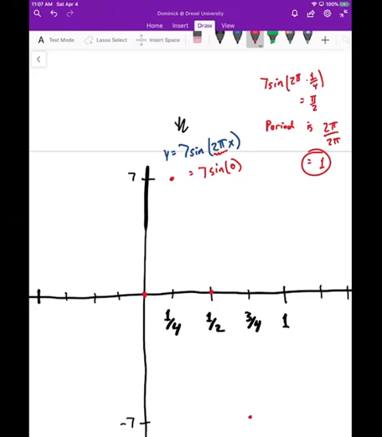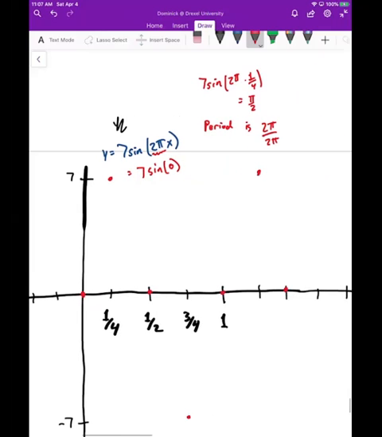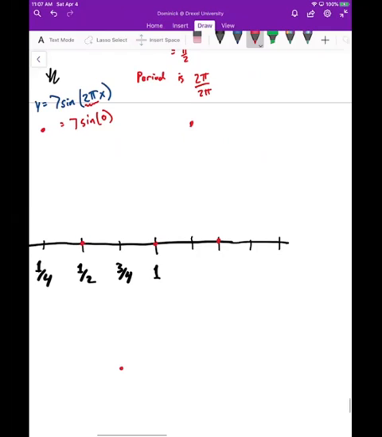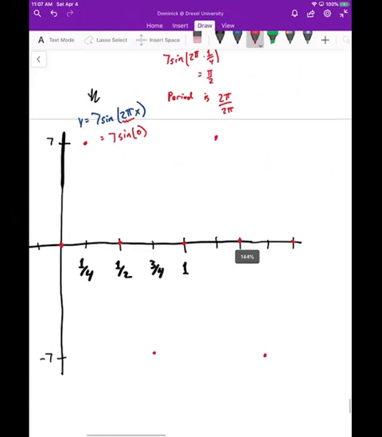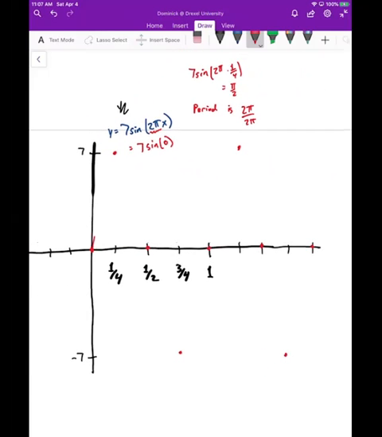At 3/4, I'll get sine of 3 pi over 2, so I'm at -7. And then back to 0 again at 1. This is how we can make the axis work for us, so that this is something we can plot that we're familiar with. And then this would be 1 1/4, 1.5, 1 3/4, and 2. So now this side of the graph will look something like this.